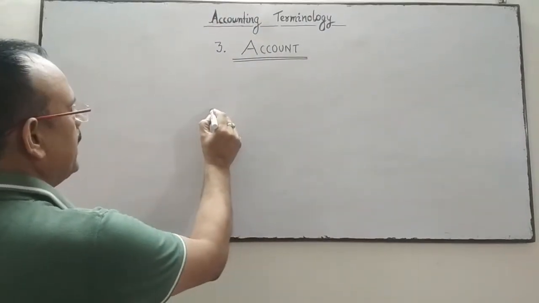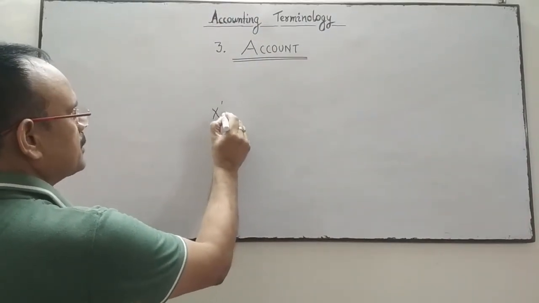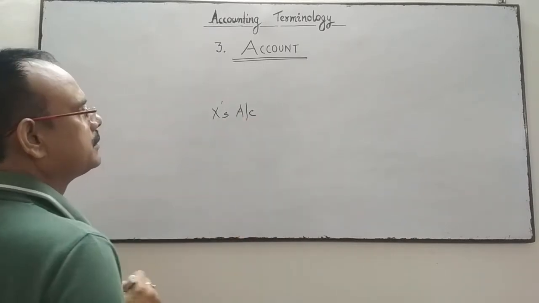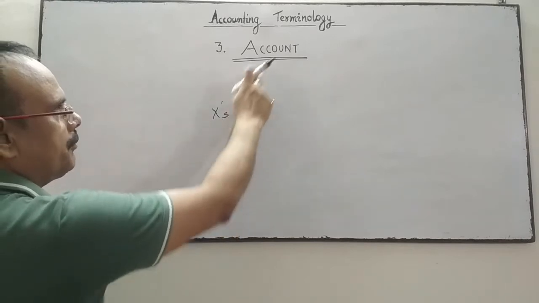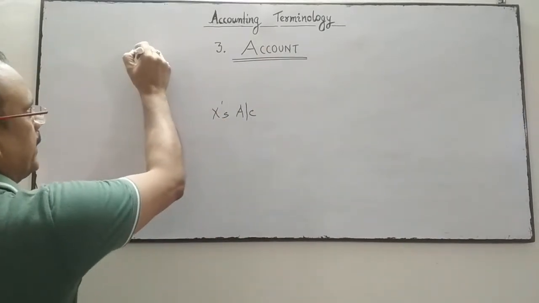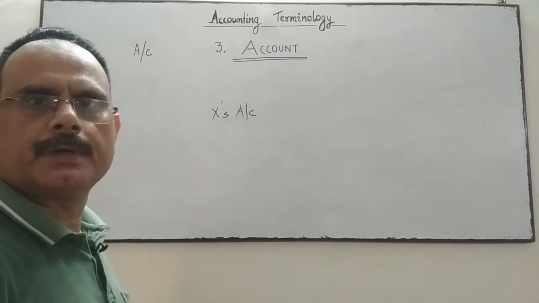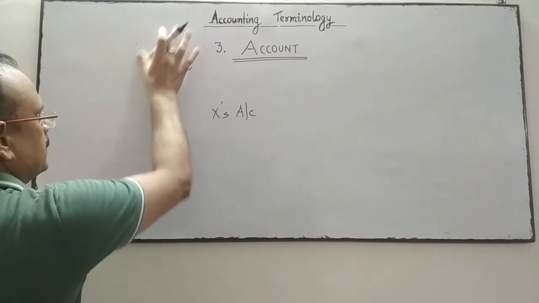For example, X account. Abbreviated form of account is A/C.